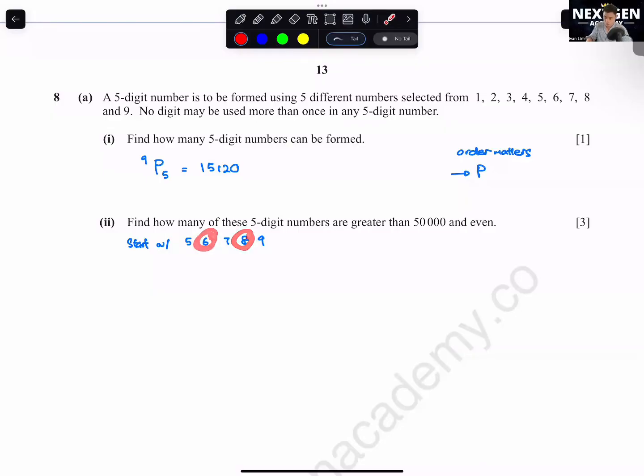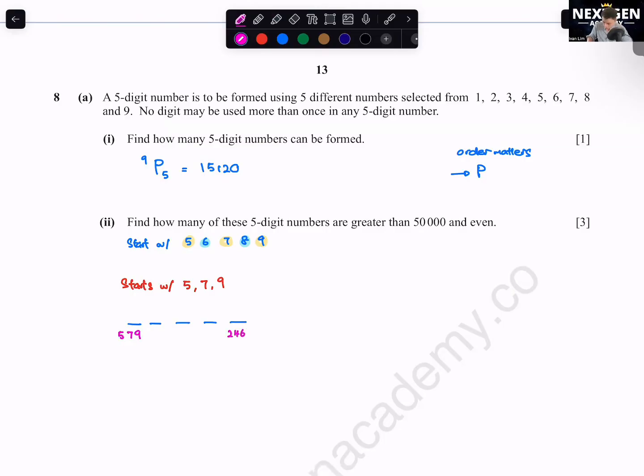Okay, so we are going to do one scenario is start with 5, 7, 9. The other scenario is start with 6 or 8. So write down both of these. Starts with 5, 7, or 9 first. So like this, 1, 2, 3, 4, 5. Okay, we're going to start with 5, 7, 9. Then I will end with 2, 4, 6, 8.